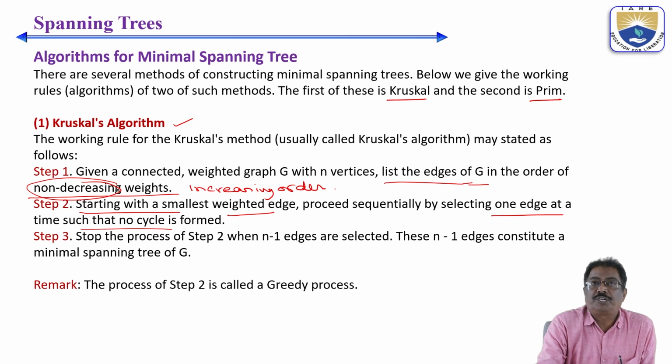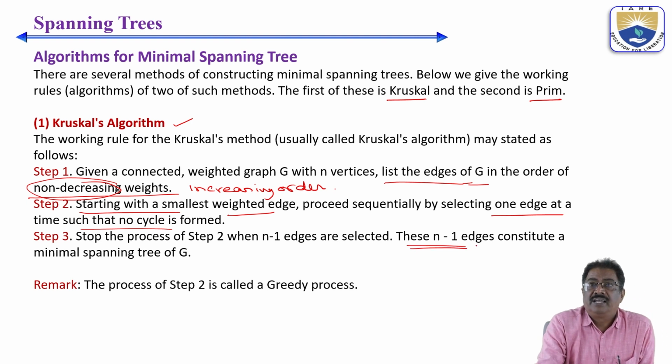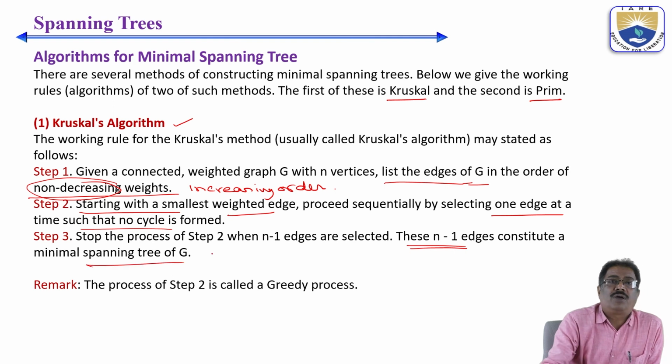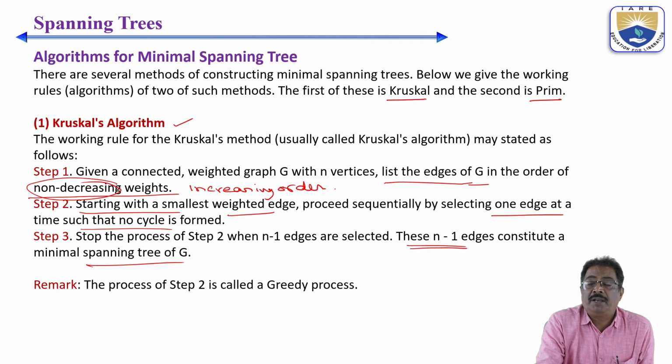The process continues until we select n-1 edges. After that, we ignore the remaining edges. Whatever tree we obtain is the minimal weighted spanning tree, and we calculate its weight by considering the weights of those edges.